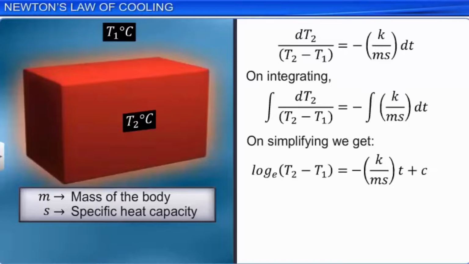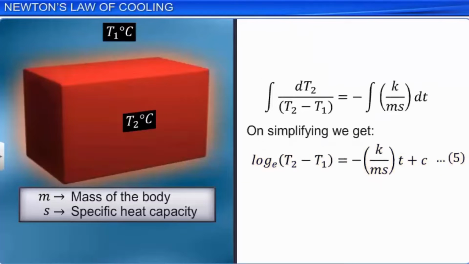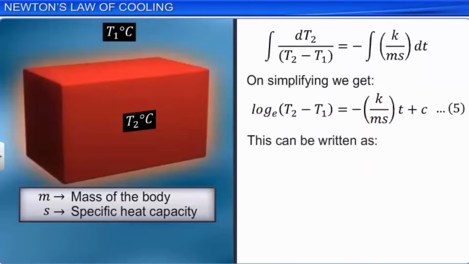This can also be written as T2 minus T1 is equal to e to the power minus K by m s into t plus C, which is equal to e raised to the power C into e raised to the power minus K by m s into t. Let this be equation 6.